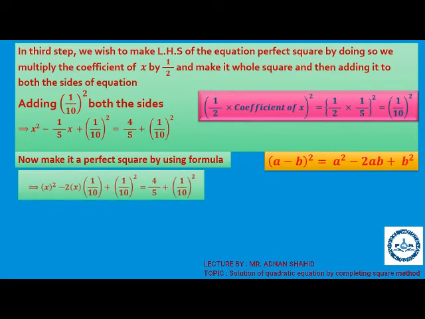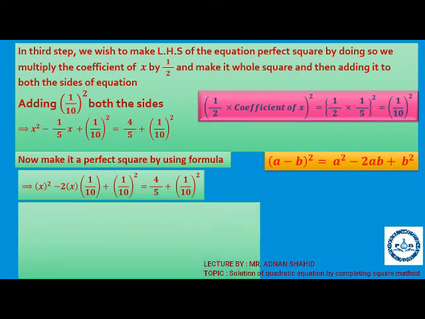So now x square minus twice into x into 1 upon 10 plus 1 upon 10 whole square is equal to 4 upon 5 plus 1 upon 10 whole square. So now the left hand side will completely transform into the perfect square, x minus 1 over 10 whole square. Solving the right hand side by taking the LCM, this is 80 plus 1 divided by 100.